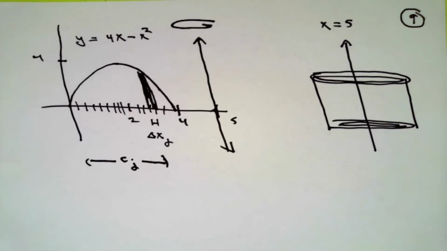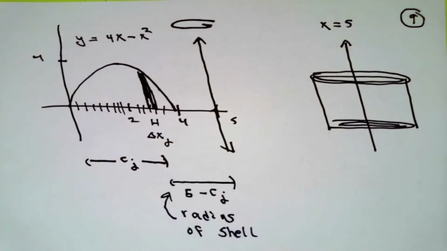But I'm not revolving around the y-axis. I'm revolving around the vertical line where x is 5. The actual distance of my vertical strip from the axis of rotation is not cj, it's the horizontal distance between x equals 5 and x equals cj.